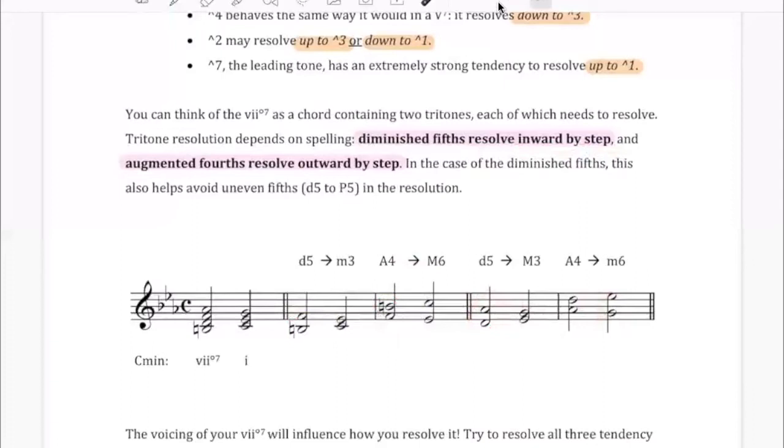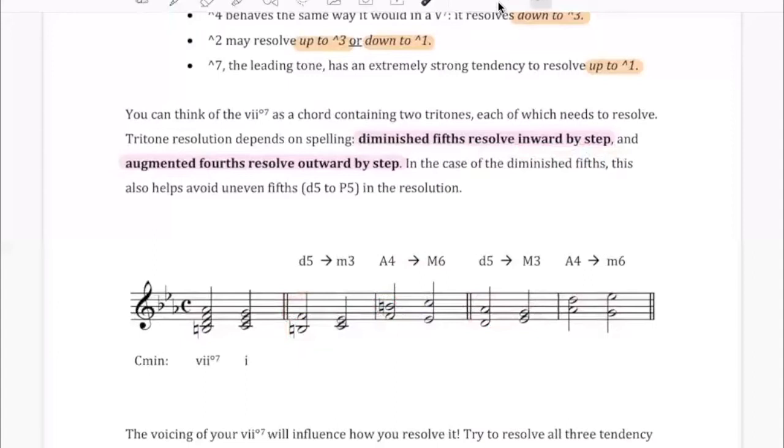Now, the other reason this is important is especially when you have these diminished fifths, if you resolve them in the same direction, you're planing from a diminished fifth to a perfect fifth. And we want to avoid that at pretty much all costs. So the best foolproof way to avoid that is to always resolve your tritone in contrary motion.